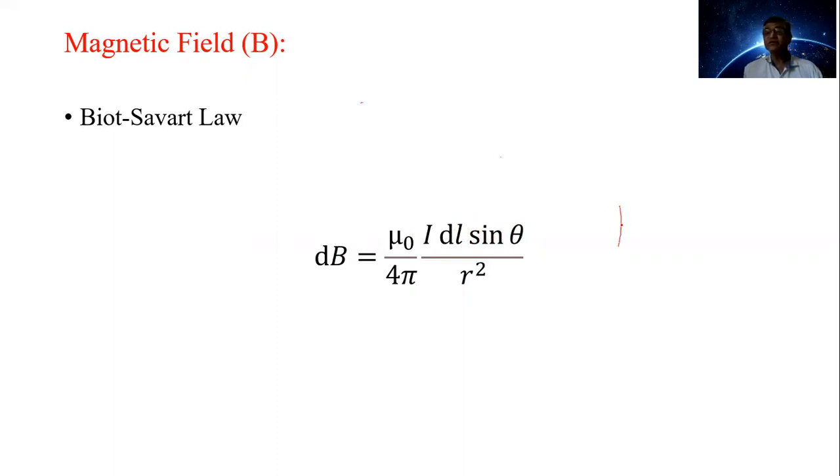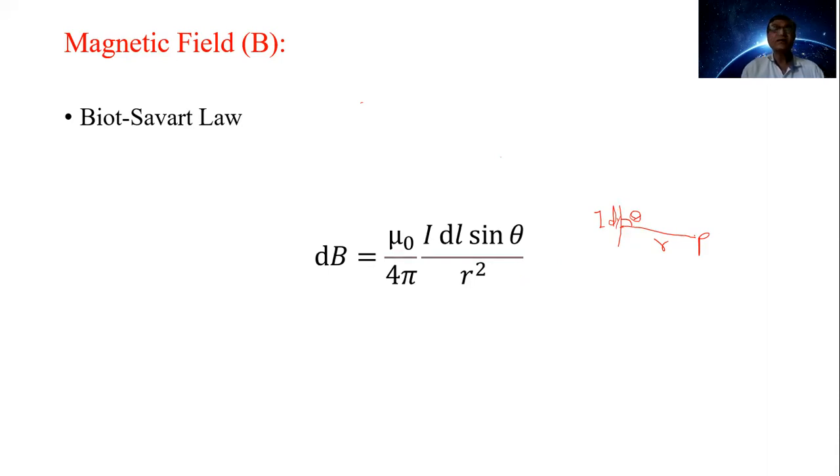Suppose this is the current element and this is the point. Then theta is the angle between the current element and the line joining the center of the element to the point. I dl is the current length element here, and r is the distance of the point from the center of this current element.